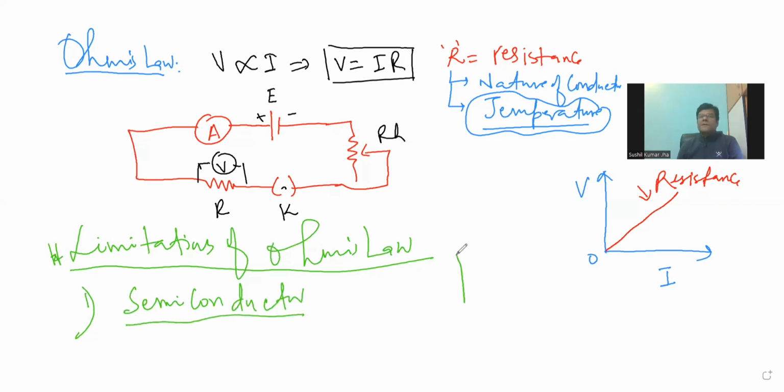अगर हम एक ग्राफ प्लॉट करते हैं सेमीकंडक्टर के केस में तो हम देखते हैं कि ग्राफ इज लाइक दिस, which means if this is V, we need to change this, V we have to take along this side and I along the other side.